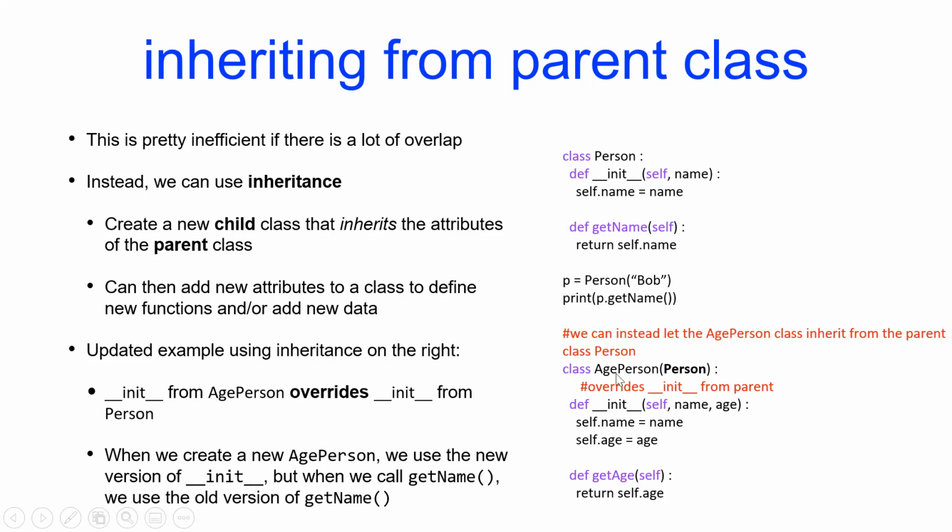Now if I create an age person, this is something new. As you can see, now we have a parenthesis passing a class name. That means this age person will inherit from person. By inheriting, everything defined in the parent is at your control.